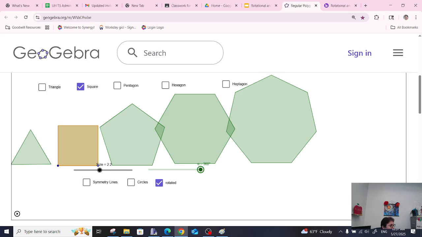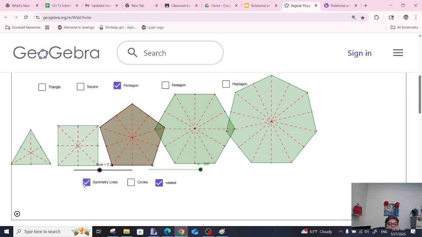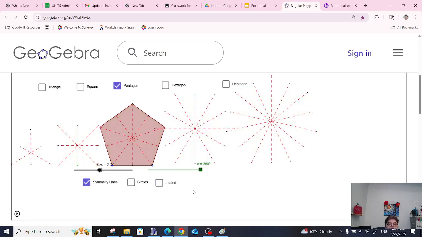Now I'm looking at, what's a five-sided figure called? Pentagon. Very good. So now I'm looking at the pentagon. And I want to see the lines of symmetry.